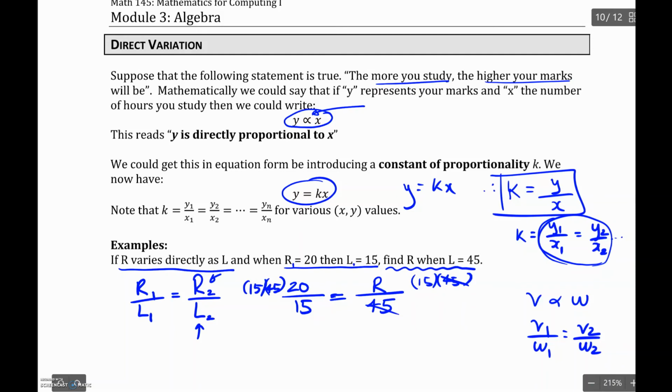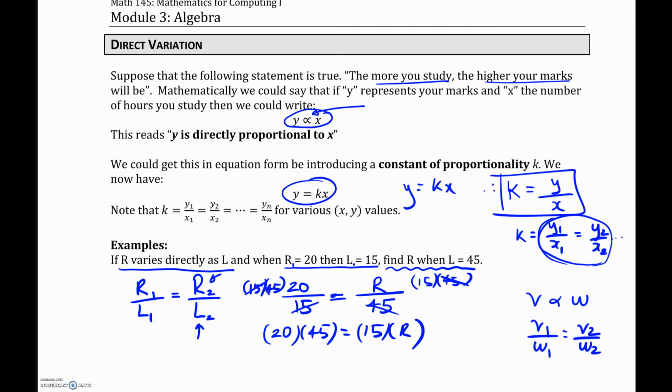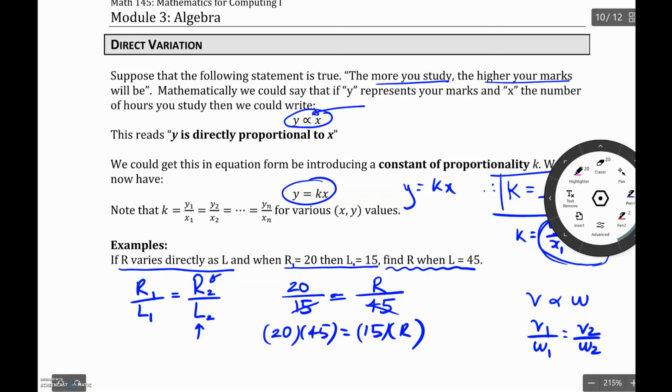The 45 goes, the 15 goes, I'm left with 20 times 45 equals 15 times R. Let me just show you something right here which would probably help you a bit.